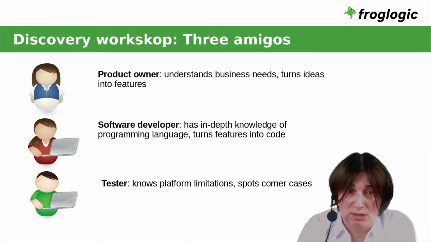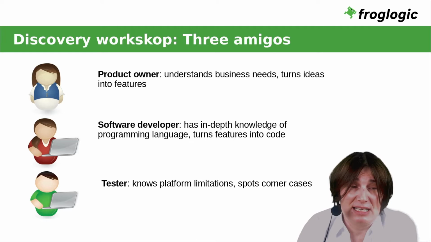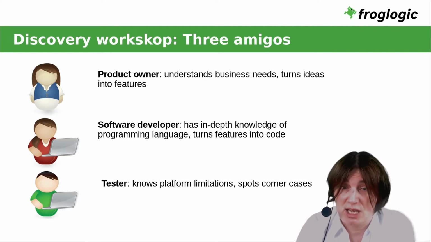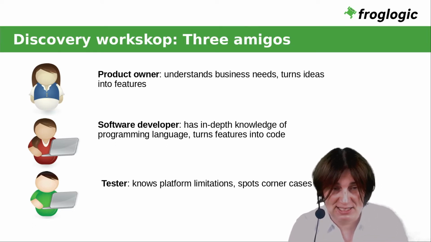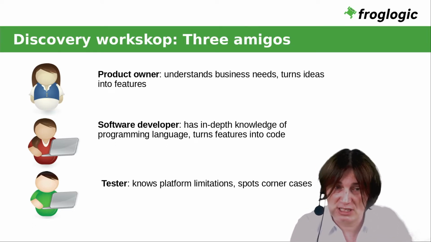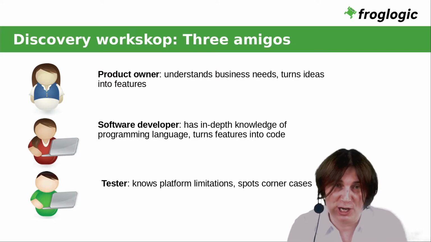Someone who can actually implement the specified behavior. Tester, quality assurance, is someone who knows the platform limitations, who has a good attention to detail, and who can spot all the corner cases and who can see how things can break.